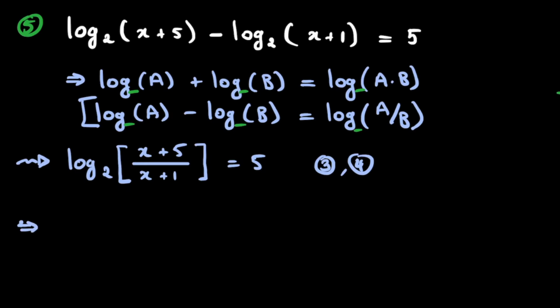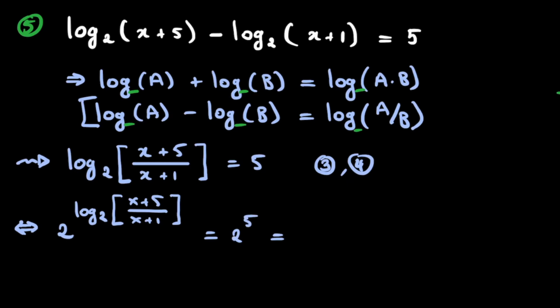This means that our equation can be rewritten as 2 to the power of the logarithm with base 2 of x plus 5 divided by x plus 1. And on the right hand side, we have 2 to the power of 5. And we can already write that 2 to the power of 5 is simply 32. And again, we have this combination of 2 to the power of the logarithm with base 2.